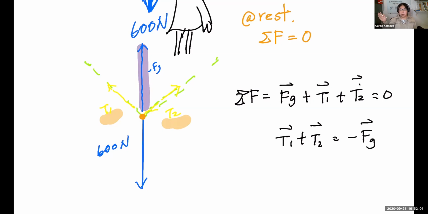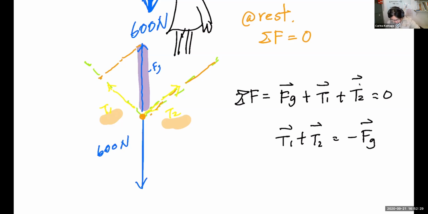Then we can do the parallelogram backward. I'm going to draw the parallel line to T2. Here we have a T2 that's pointing in this way. I'm going to put the end of the parallel line right to here, and then see where it crosses the rope.